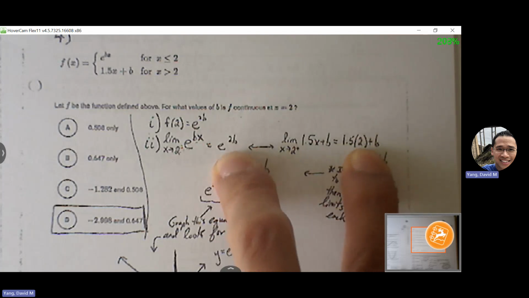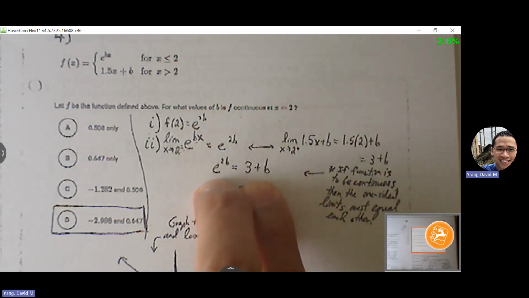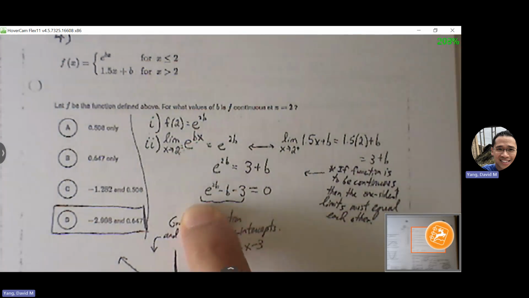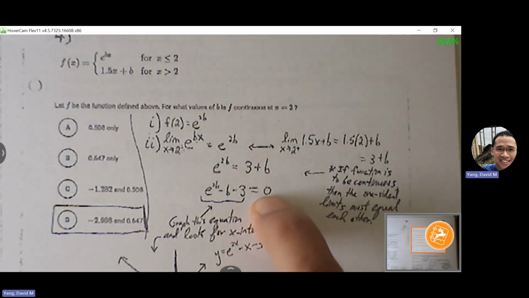So in order for the limit to exist, these two have to be the same. So we set them equal to each other. But if you notice, this is not going to be an equation that's easy to solve by hand. So the strategy for solving a difficult equation with a calculator is graphing it. I get everything over to one side, graph it, and look for the x-intercept.